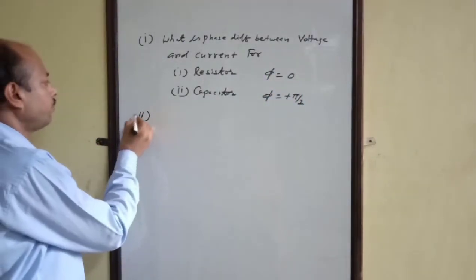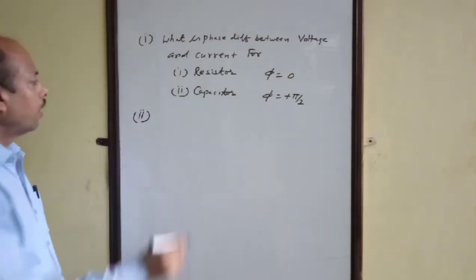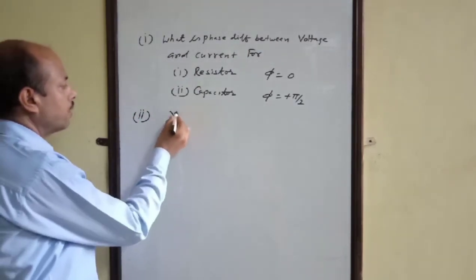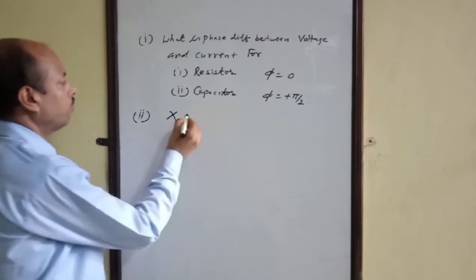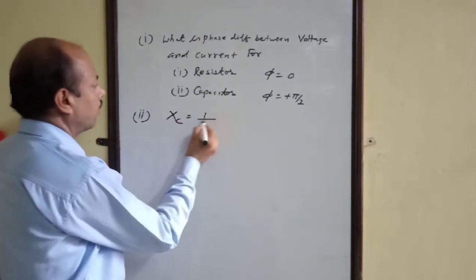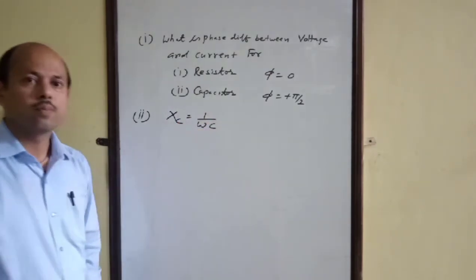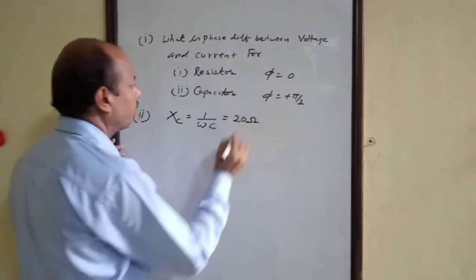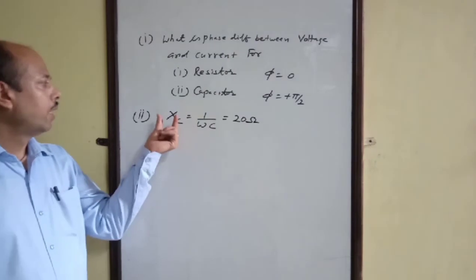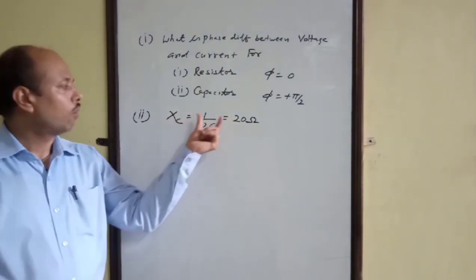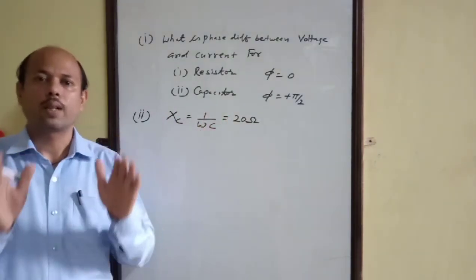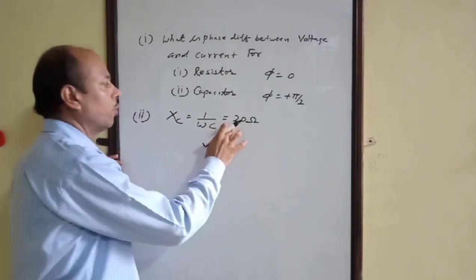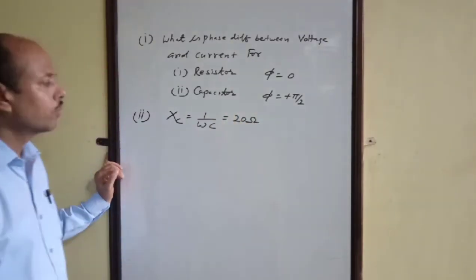Second question. Capacitive reactance Xc of a capacitor is 1 upon omega C, and let us suppose it has a value of 20 ohm. Directly I have given to you that the capacitive reactance of a capacitor for a particular AC is 20 ohm.